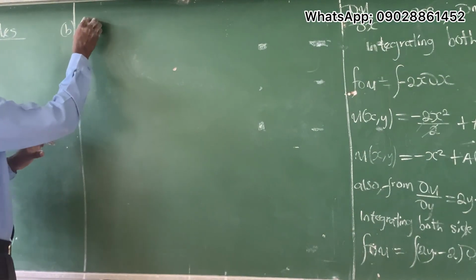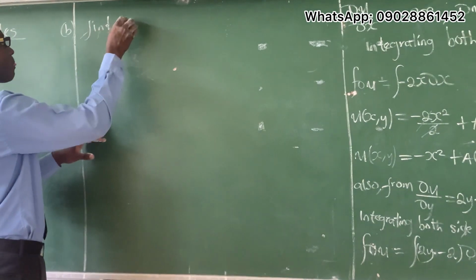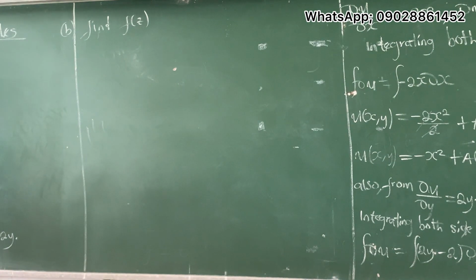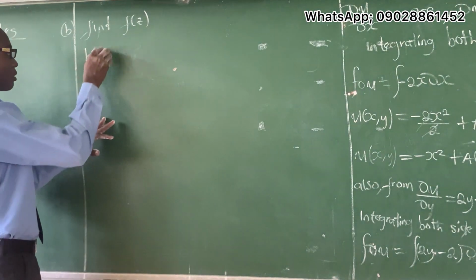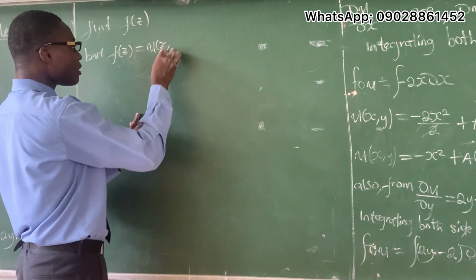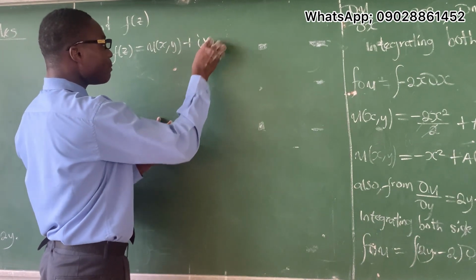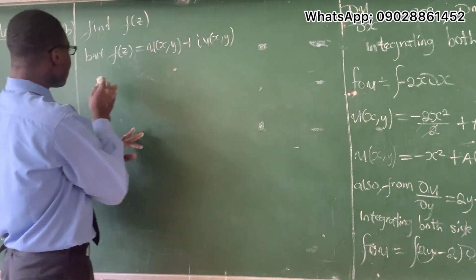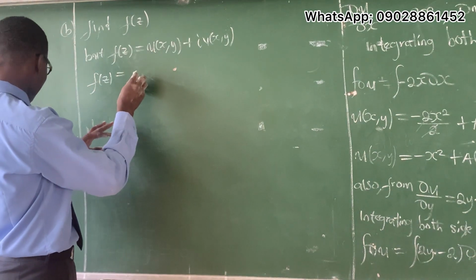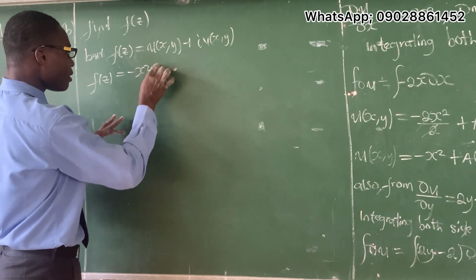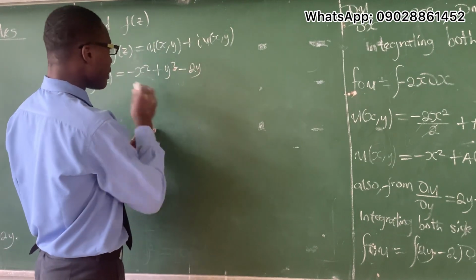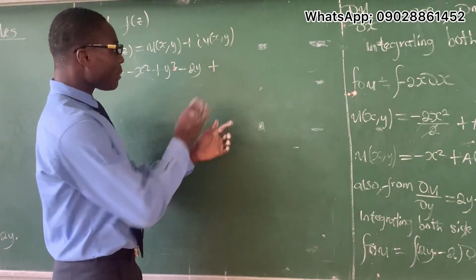B, we have find f of z. We have already gotten the real part, but f of z is equal to the real part plus the imaginary part. So this implies that f of z is equal to the real part, which gives us minus x squared plus y squared minus 2y, plus the imaginary part, we have i.